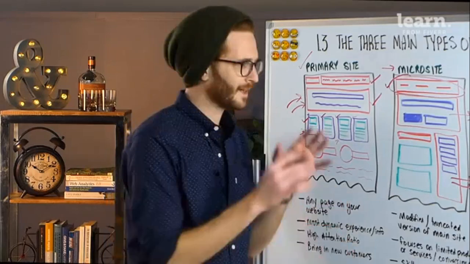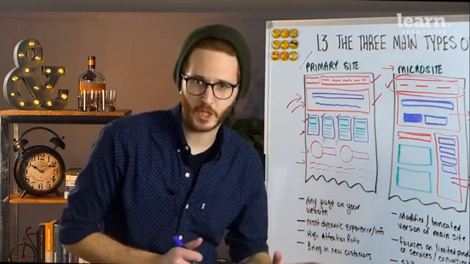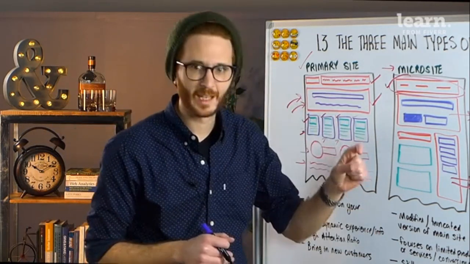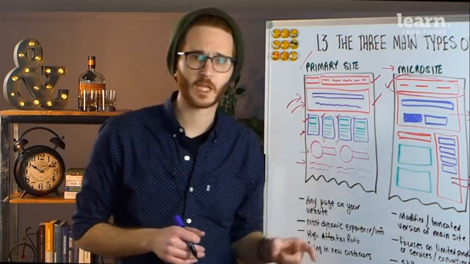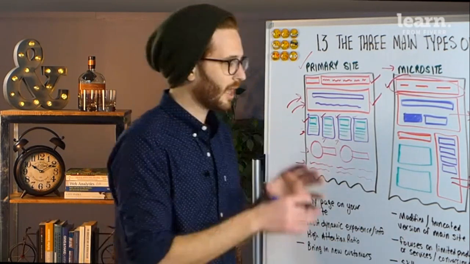So let's just talk a second about attention ratio. You want to have as few distractions from your primary conversion action, whatever button or link or form submission that primary conversion action is, as possible on the rest of your page.